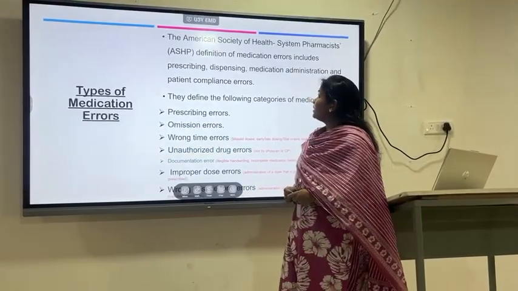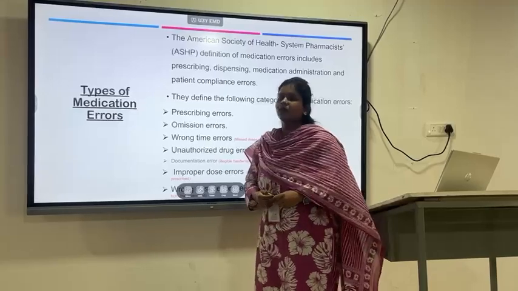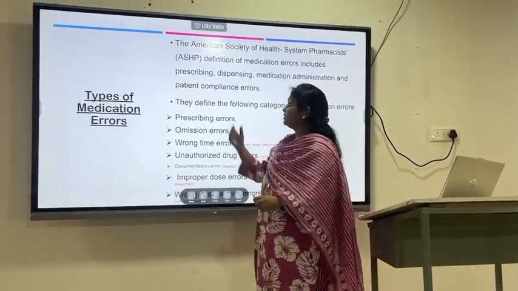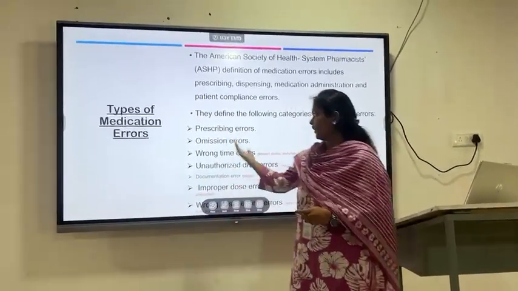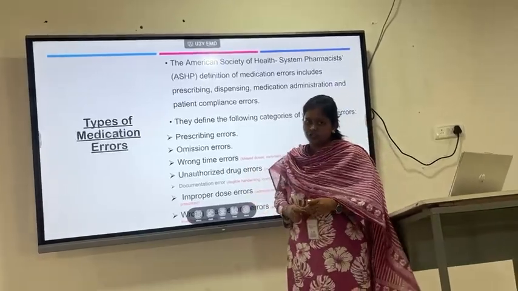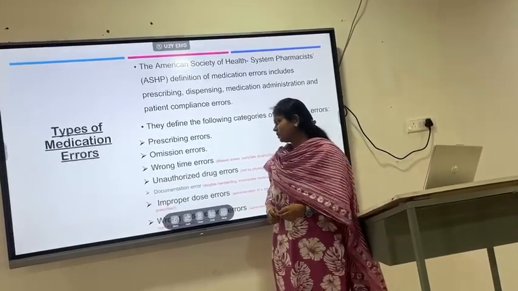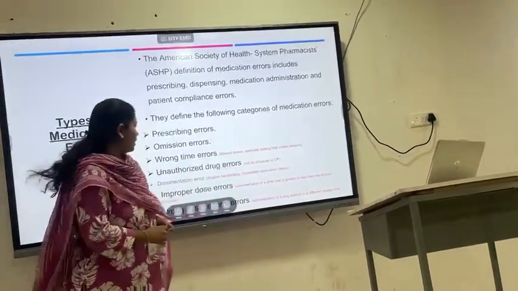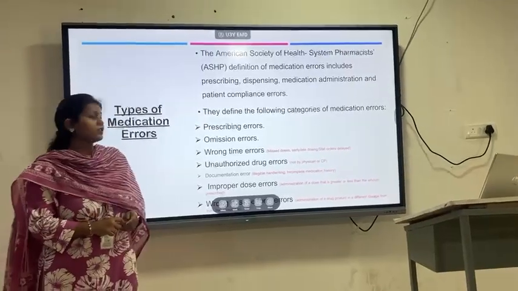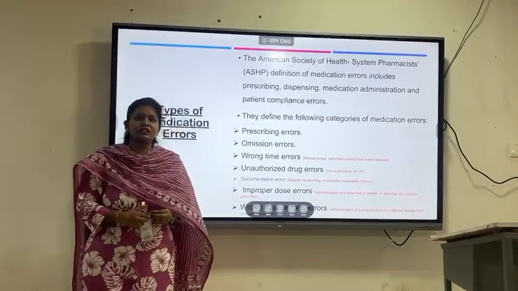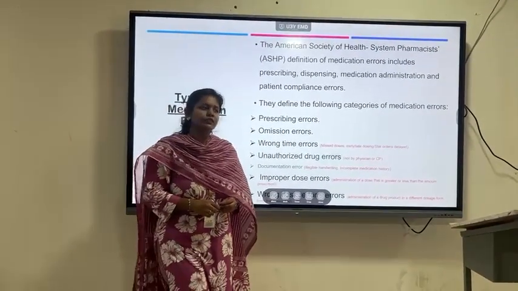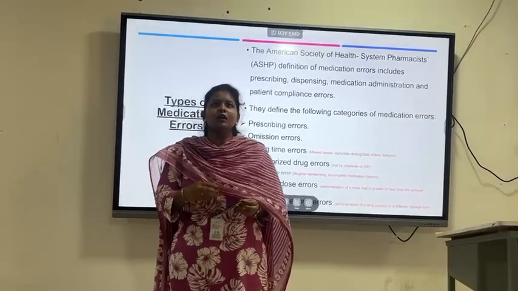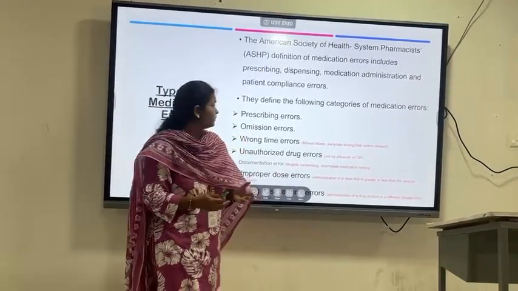At all these stages medication errors can occur, and to prevent this the necessary actions are taken. According to the American Society of Health System Pharmacists, the medication errors are of the following types: prescribing errors, omission errors, wrong time errors, unauthorized drug errors, improper dose errors and wrong dose errors. Prescribing errors are majorly made by the physicians during the prescription due to lack of knowledge of the patient's health.